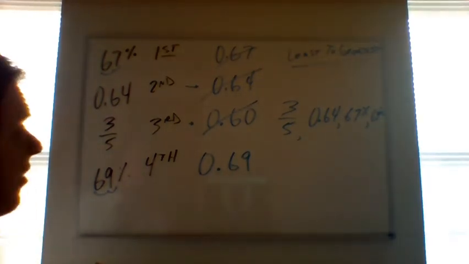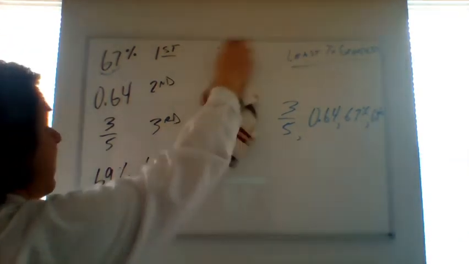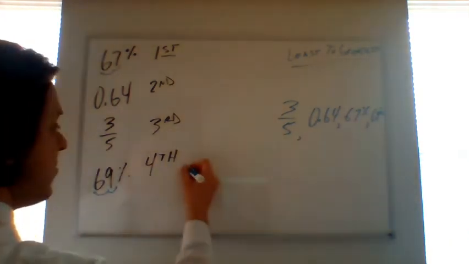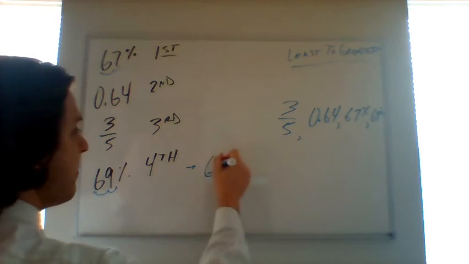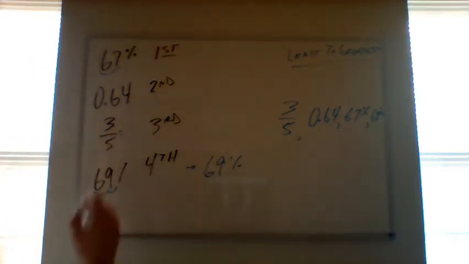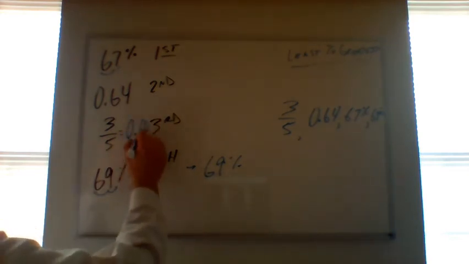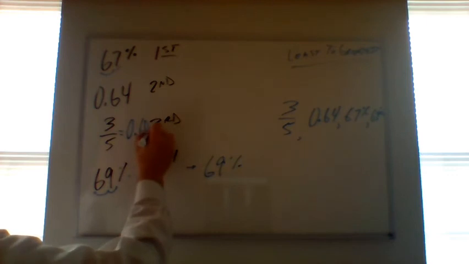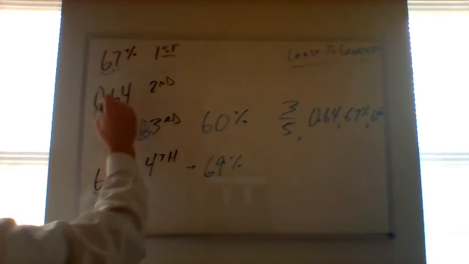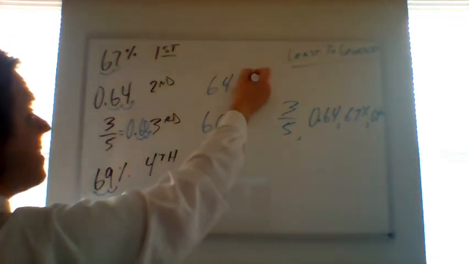Now, again, we could turn these all into percents, right? If you want to turn them into percents, that's fine too, because that's kind of in the middle, right? So two of them are already written as percents. This one is 69%. Use your calculator to get 3 divided by 5, which should give you 0.60. If we move the decimal 1, 2, that gives us 60%. Once again, we move the decimal here, go 1, 2. This would give us 64%.